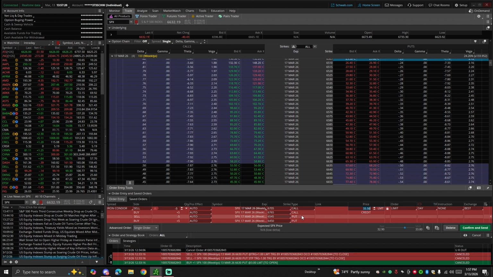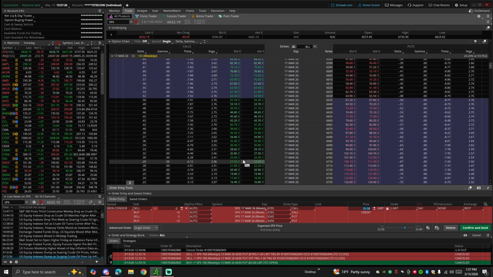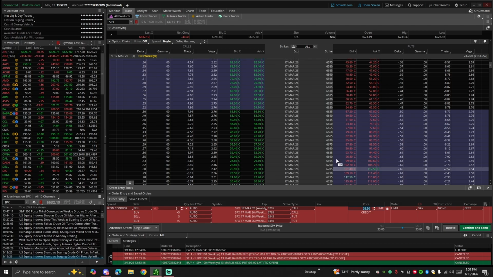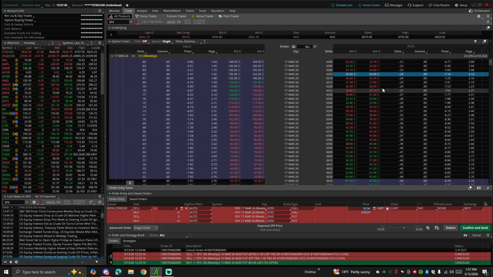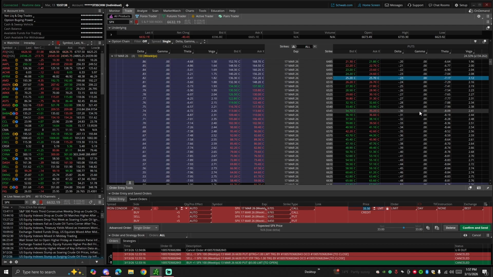With this exact setup, my short legs, the 705, which is way up here, and my short leg for the put being 545, those would be my breach spots. That's where I want SPX to not go beyond, and if SPX stays between these two legs, then I get 3,000 bucks. Doesn't work out like that always.